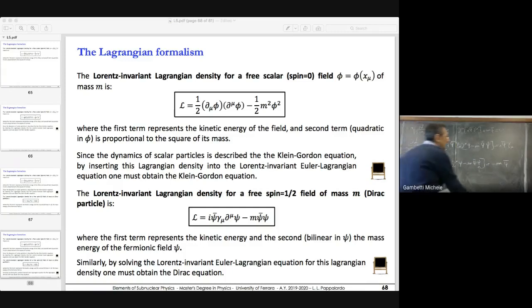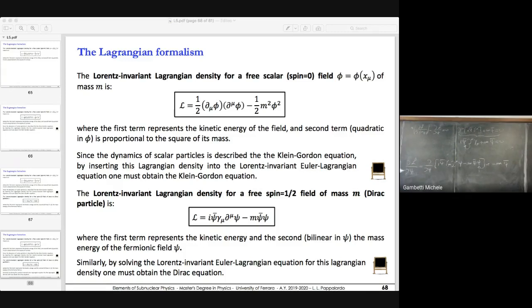So the proper way to write this, since we have here an unknown spinor, is that the derivative should act to the left. So this is more correctly written as i ψ, with the derivative acting from the right to the left, γ^μ plus m ψ̄ equal to 0.